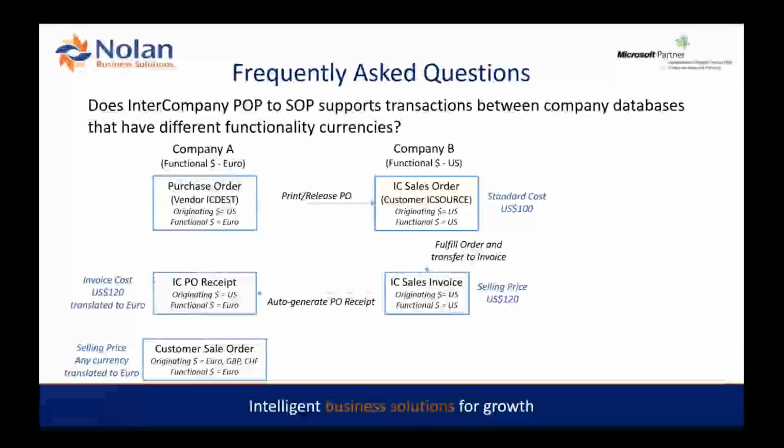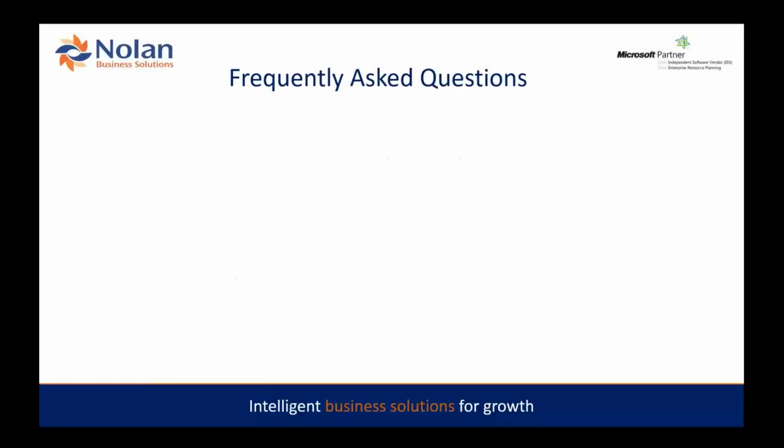In addition, this diagram demonstrates intercompany POP to SOP's ability to handle desired transfer pricing between related entities. Inventory can be transferred at cost or with a profit margin between those companies. A few more frequently asked questions.